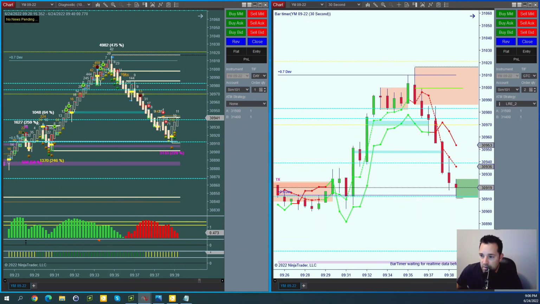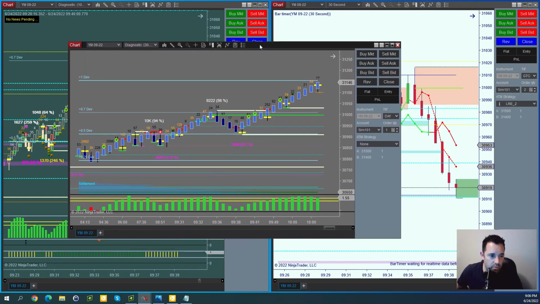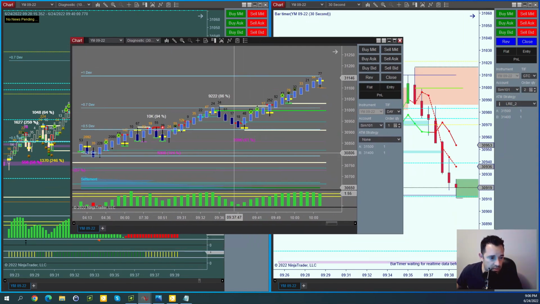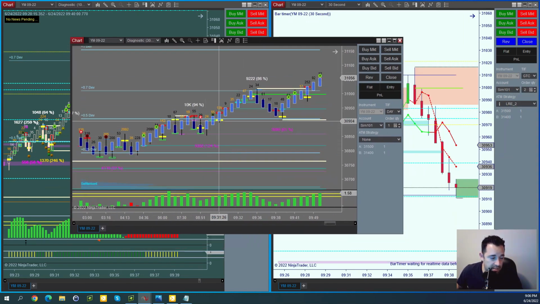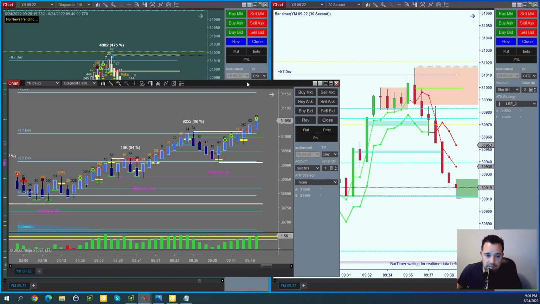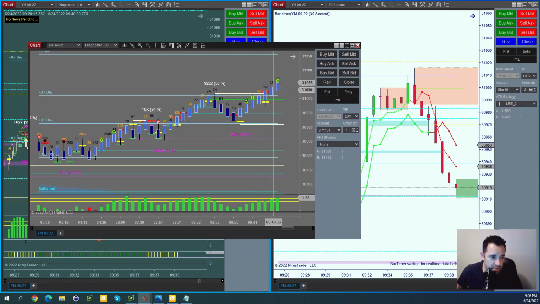If you look at the 30 tick, we are in a nice trend long, right? That's pretty nice. It's coming down. It's not HD, but it's leaving this magnet on the deviation level on the 30 tick also. So that's telling me this is probably going to keep going up, which you can see that it did.